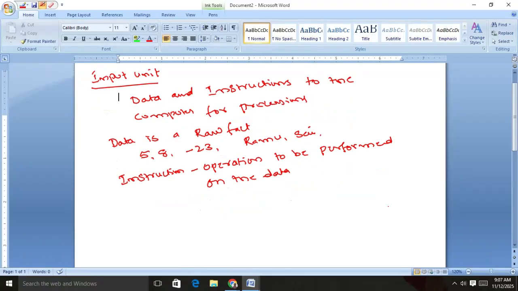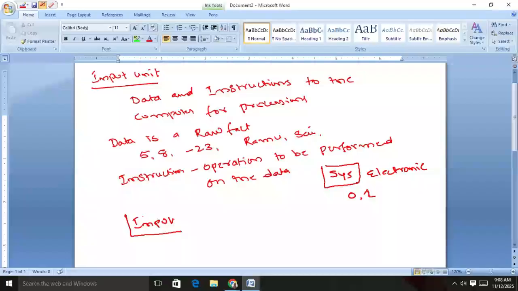And we know that the computer, or the system, is an electronic device which can only understand binary information, 0s and 1s. But the input device, generally we understand decimal numbers like 58 and alphabets like Rama and Sai.